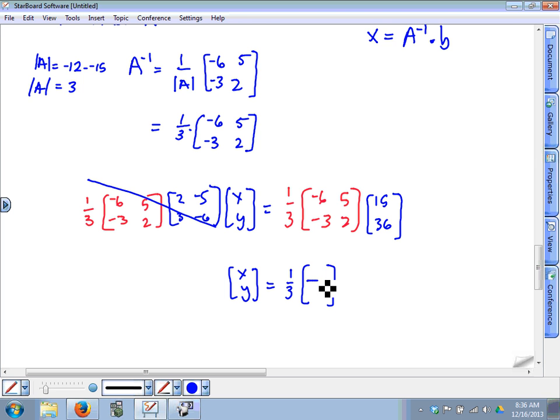If I want to get the top entry in this 2 by 1 matrix, it's this row combined with this column. Row 1, column 1. The numbers are a little bit larger. What's negative 6 times 15? Negative 90. And we have to add that to 5 times 36, which is 180.